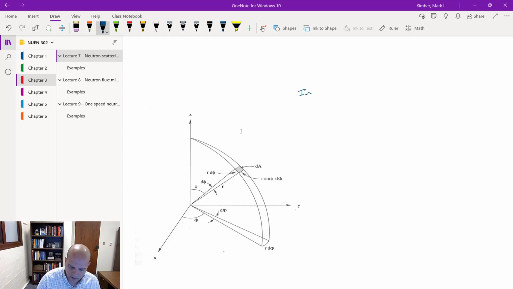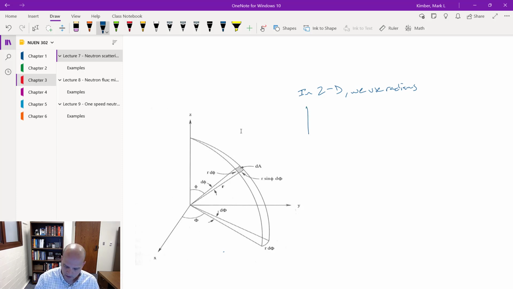So in 2D, for the angle, we're going to use radians. And radians is unitless. We say it's a unit, but it is indeed unitless. It's a ratio of a length to a length.